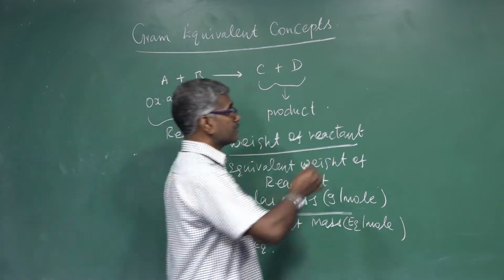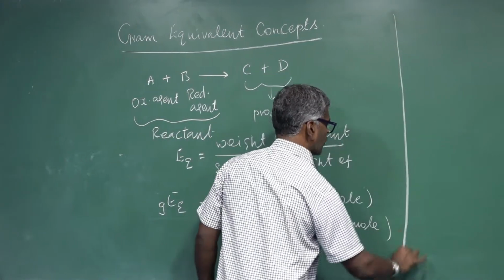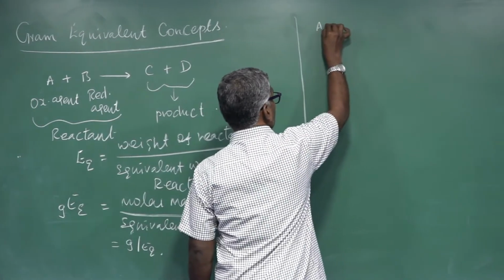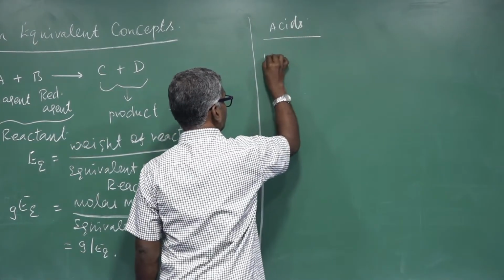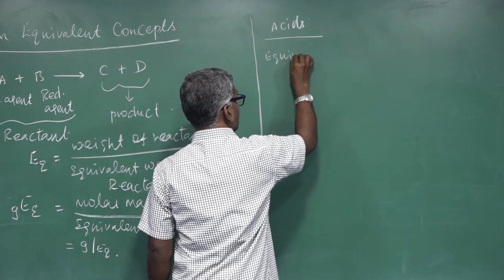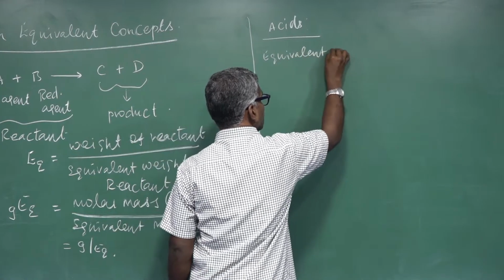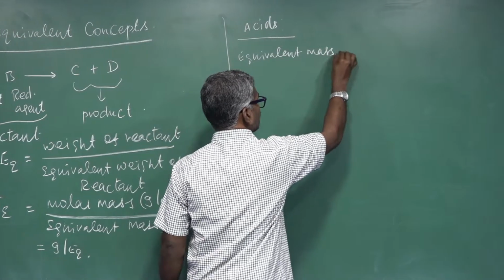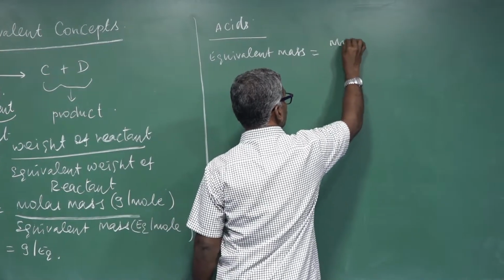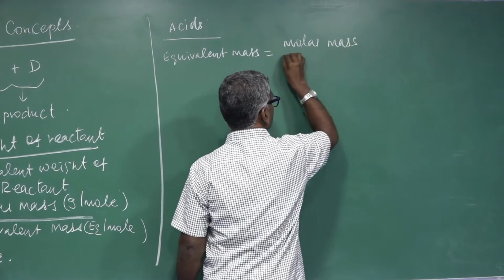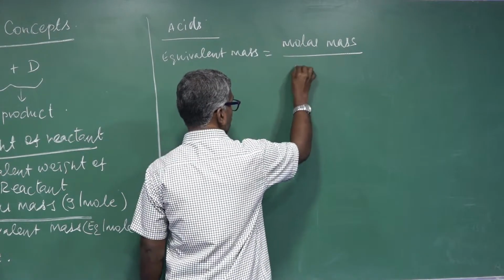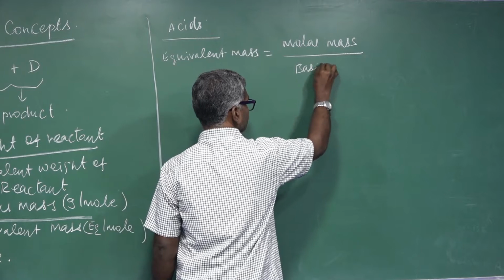First, acid. Equivalent mass of acid should be equal to molar mass of acid divided by basicity.